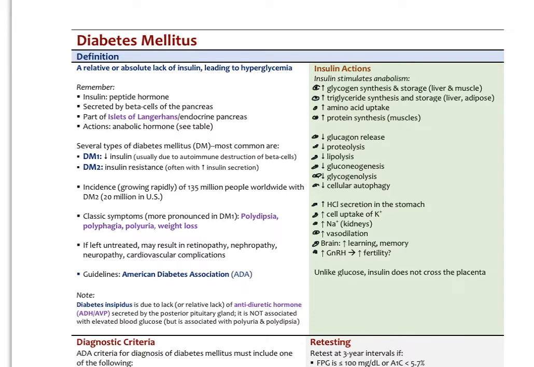The two basic types of diabetes would be type 1, which basically is a deficiency of insulin, usually due to autoimmune destruction of the beta cells in the pancreas. Much more common is type 2 diabetes, and that is insulin resistance.